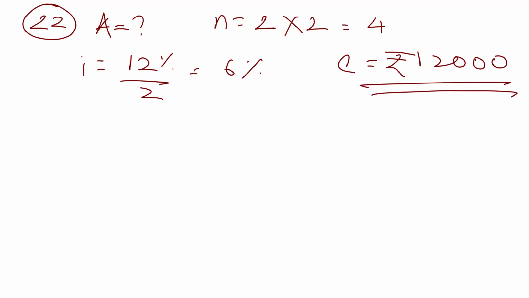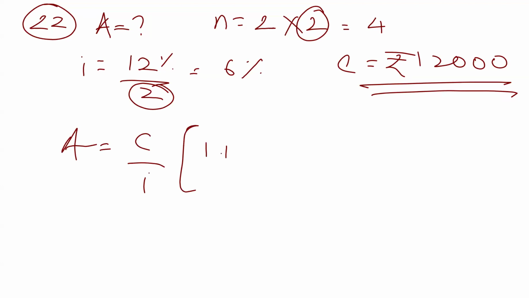So 12,000 is put at the end of every 6 months. So they are mentioning at the end of every 6 months, so it is implying that it's annuity immediate, right? We are multiplying the time period with 2 and dividing the rate with 2 because it is a half yearly problem. Half yearly, semi-annually, biannually, all mean one and the same, right? So A is equal to C by I, 1 plus I raised to n minus 1.